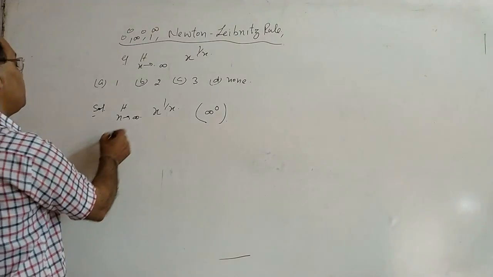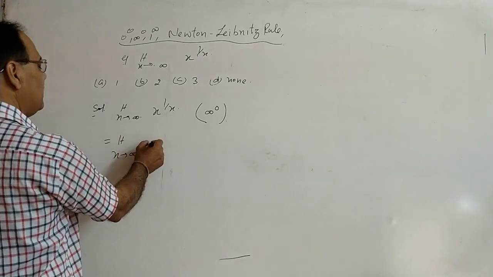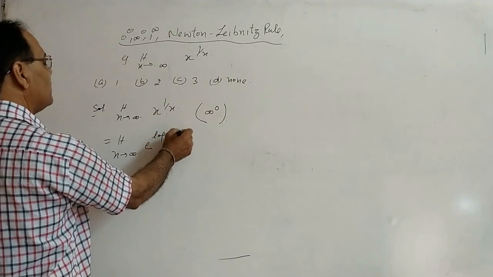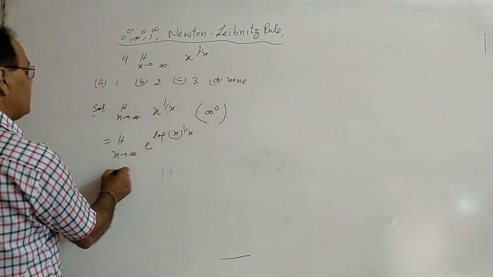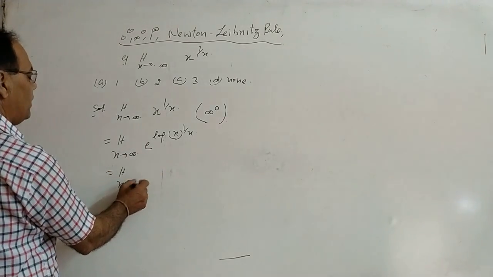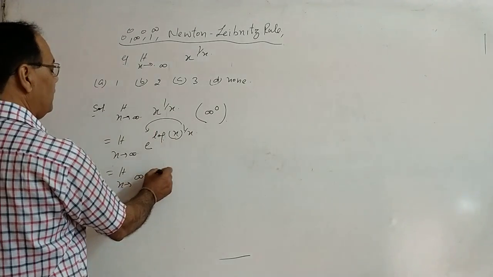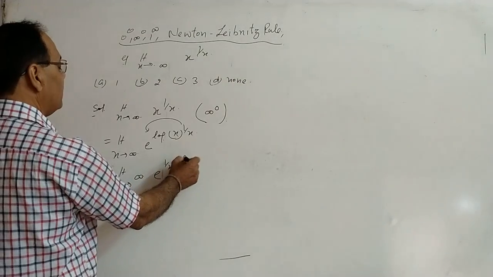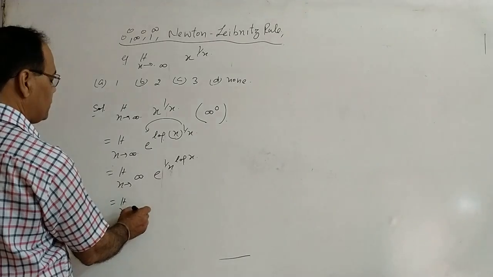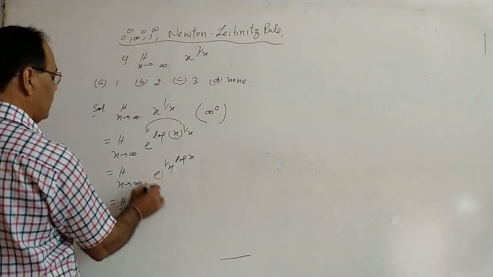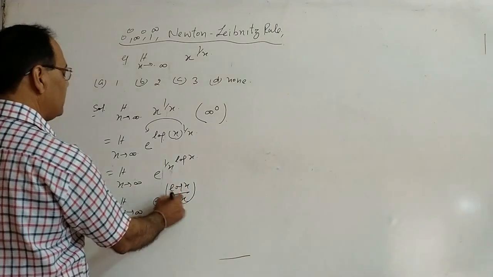Now first we should reduce this question in the form of e raised to power log of x raised to power 1 by x. We may take this power outside, e raised to power 1 by x times log x, or you may write limit x approaches infinite e raised to power log of x divided by x.